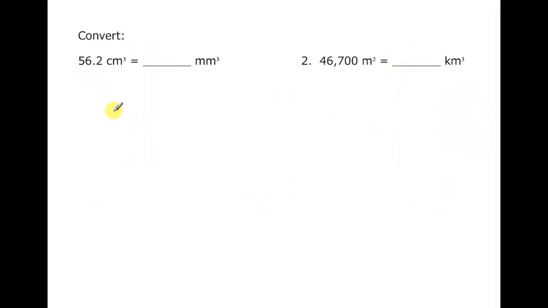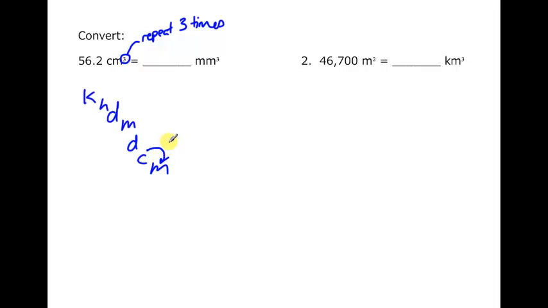If you're going to convert 56.2 cubic centimeters into millimeters, then you're going to repeat your jumps 3 times. So, kangaroos hopping down mountains, drinking chocolate milk. You're going from centimeters to millimeters.